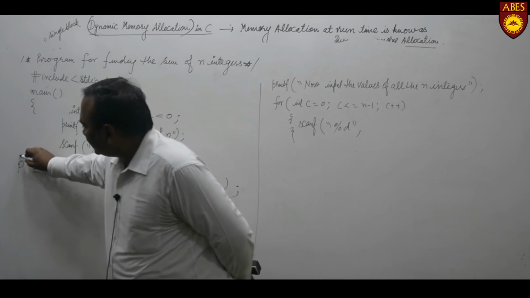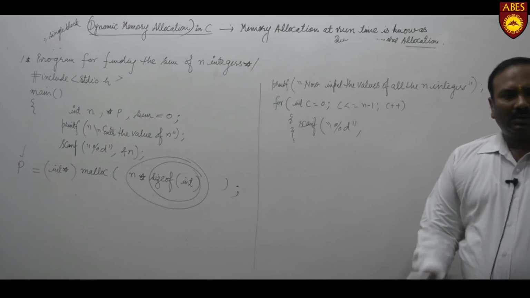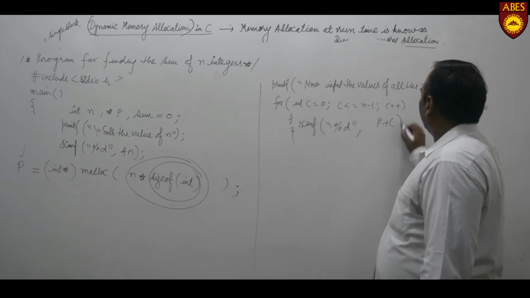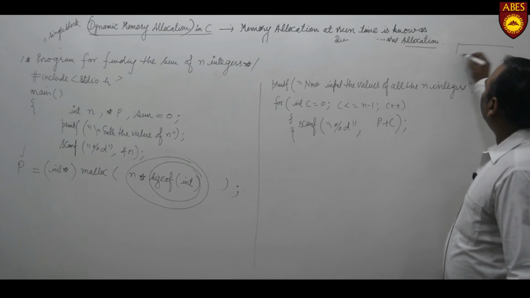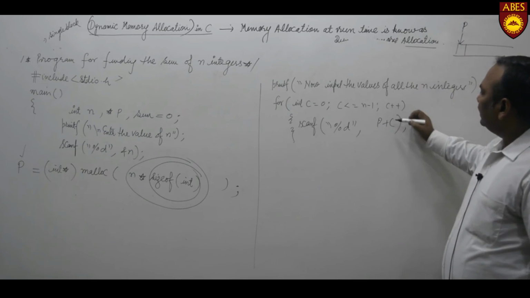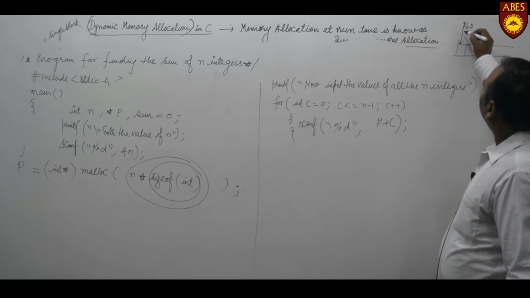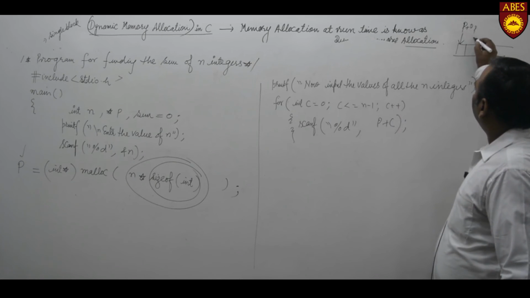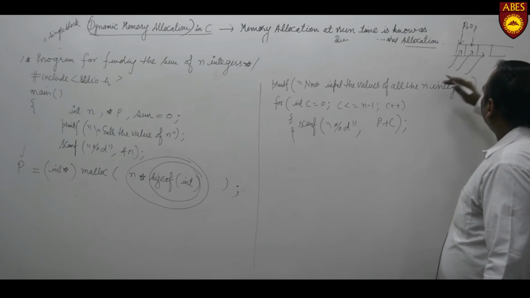The address of its first location is P, and now we can use pointer arithmetic. We can have P plus c. First time our data goes to the first location, whose address was in P. Second time, P means P plus 0, the first location; second time it advances, the pointer advances by one position, and in a similar manner we are putting data through the keyboard.